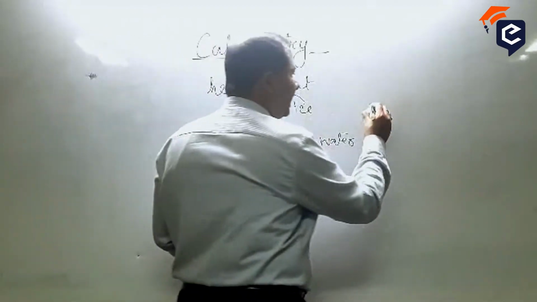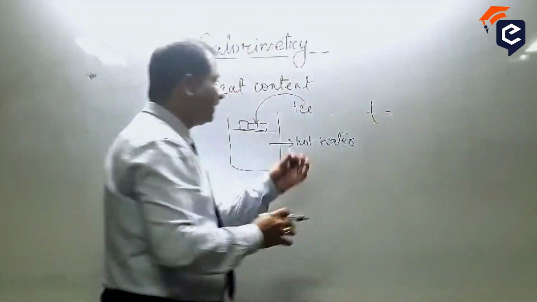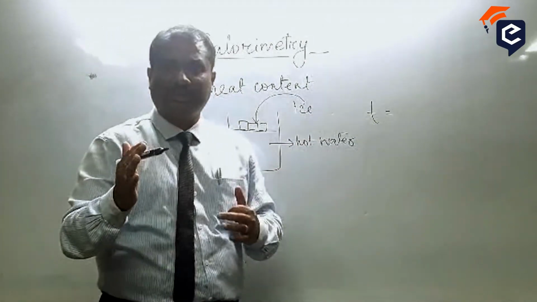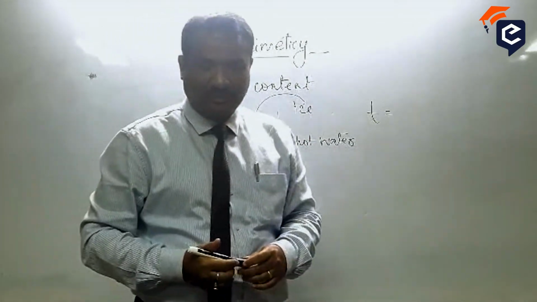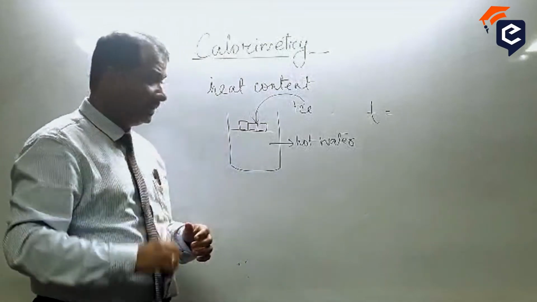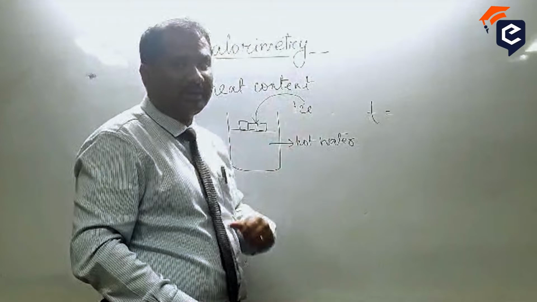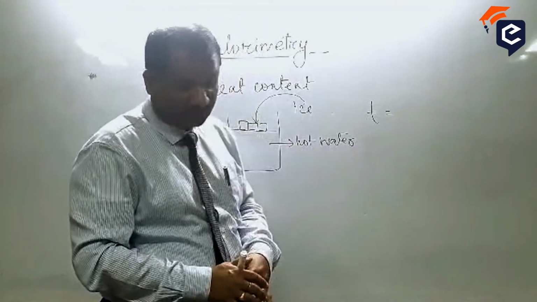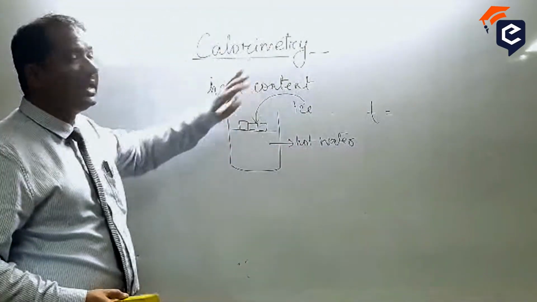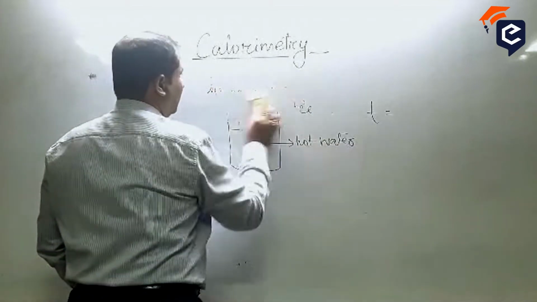And after a certain time t, I'll find that both of them have come to a particular temperature. We can measure that. But what was the energy exchanged? How do we find out? For that, we use what is called calorimetry.